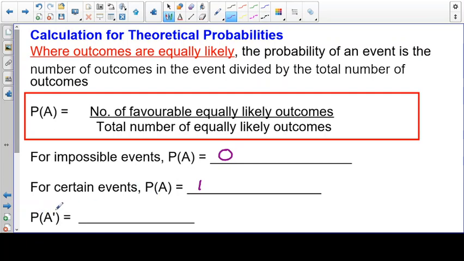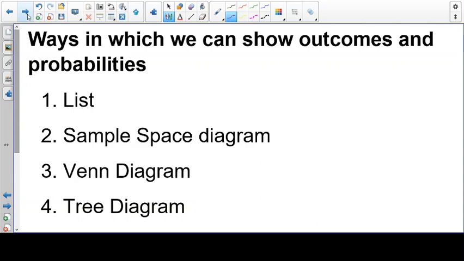The probability that something doesn't happen, well, that's 1 minus the probability that it does happen. Okay, so those are theoretical probabilities, but you know all of that already.